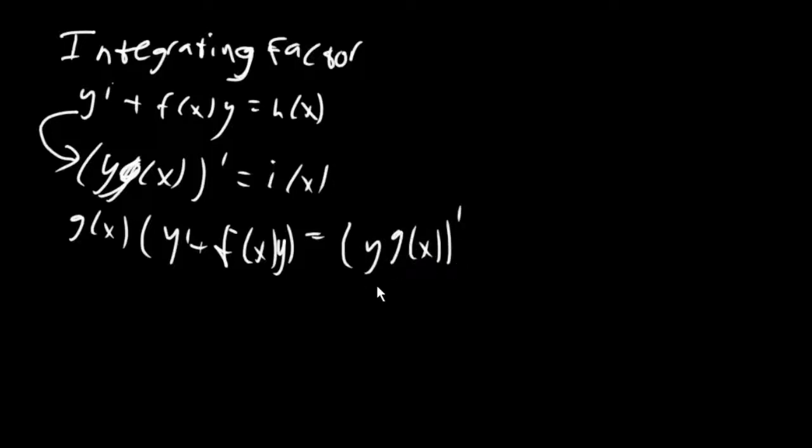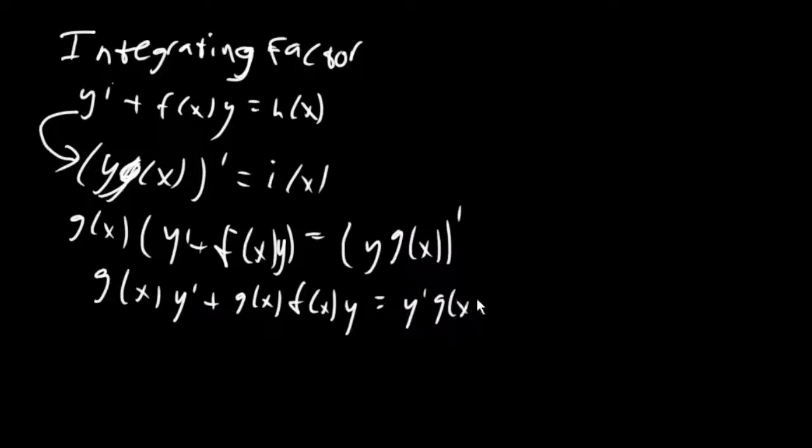So let's multiply this out, and let's multiply this out. So we're going to get g of x y prime plus g of x f of x y is equal to y prime g of x plus y g prime of x.